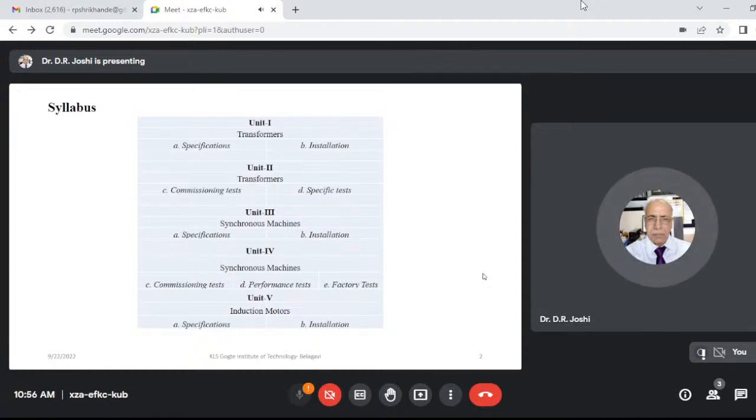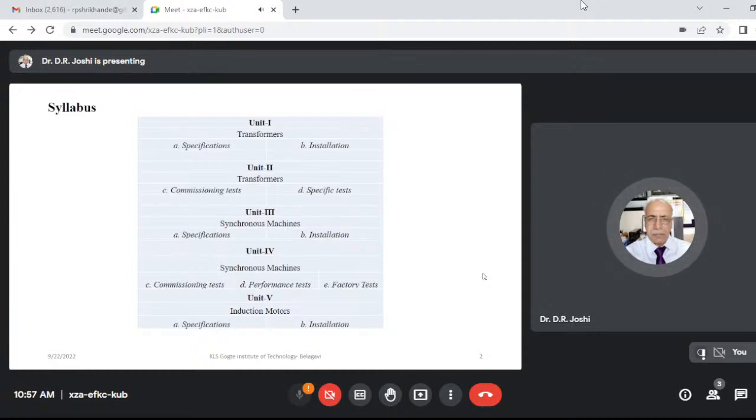Then unit 3 deals with the synchronous machines, which are nothing but the generators. Same skeleton of the syllabus, specification and installation, is in unit 3. In unit 4, again a continuation of the synchronous machines, we deal with different tests to be carried out. So 1 and 2 are for transformers, 3 and 4 are for synchronous machines, that is generators, as well as synchronous motors.